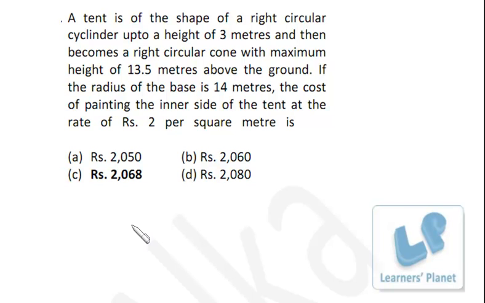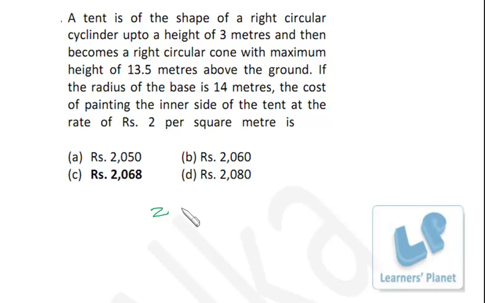Here initially it is in the shape of a cylinder up to a height of 3 meters, right, and then it becomes a right circular cone. So the height of the right circular cone is 13.5 minus 3, that is 10.5, right? Precisely what we have to do is find the surface area of this shape. The surface area of the cylinder is 2 pi r h.